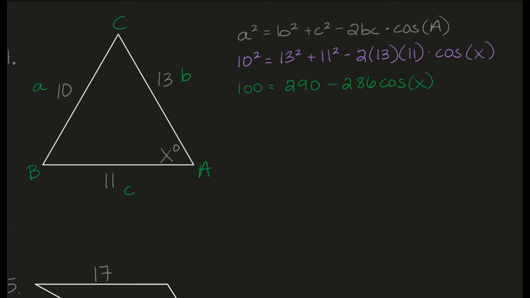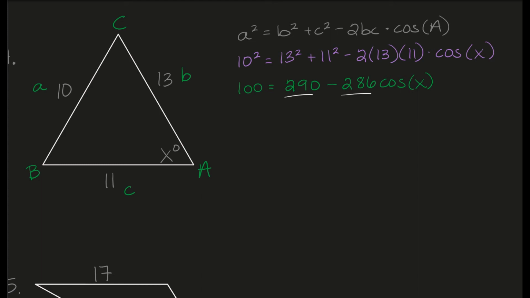Now, the trap here that you're going to want to do is say, oh, this is easy. 290 minus 286, well, that's just going to be 4. So this should be 100 equals 4 cosine X. Okay, here's why this is a problem. You have to remember cosine X has to be looked at like it was a function.